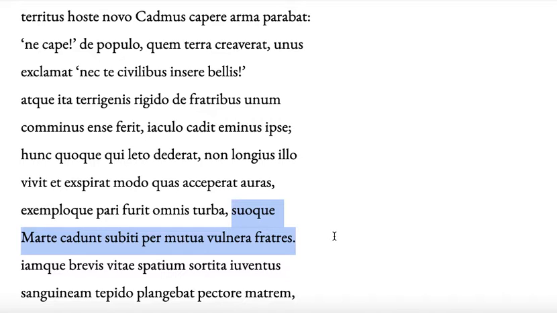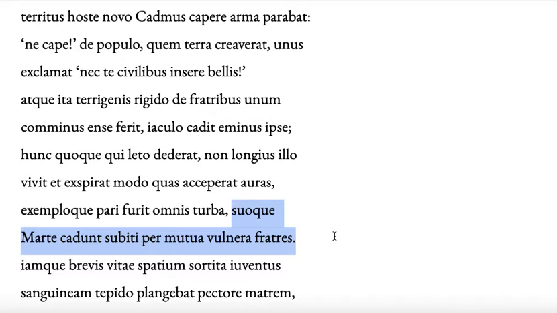They don't live for a long time. So, the short-lived brothers. There are various ways you could translate subiti, and it's a difficult word to translate, but I would translate it short-lived here. The short-lived brothers, and then the main verb is cadunt.